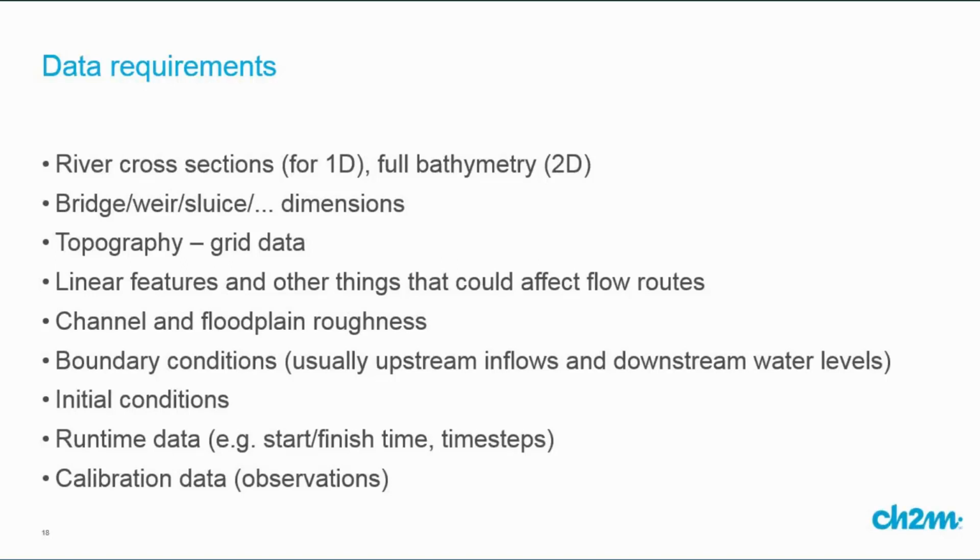You need to have information on roughness. Again, on the floodplain, you could use land use or land cover information, things like MasterMap, to work out different zones of roughness. And then in the channel, it's usually based on looking at it, seeing what it looks like, comparing it to standard values and then calibrating it.